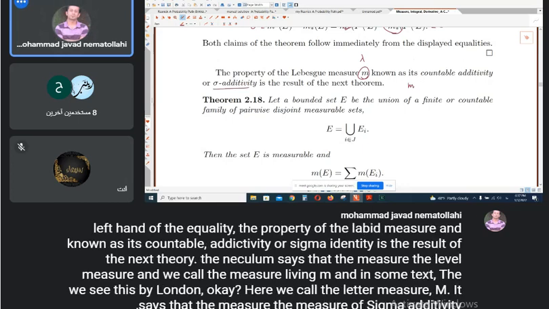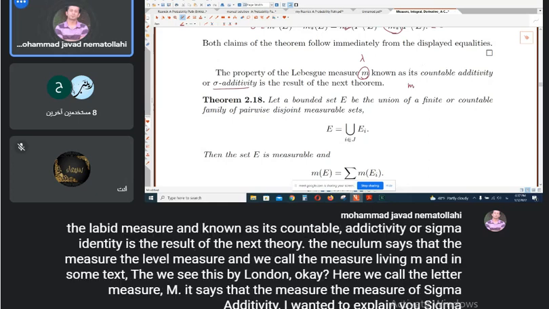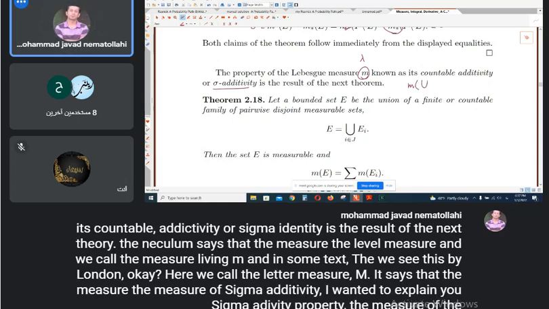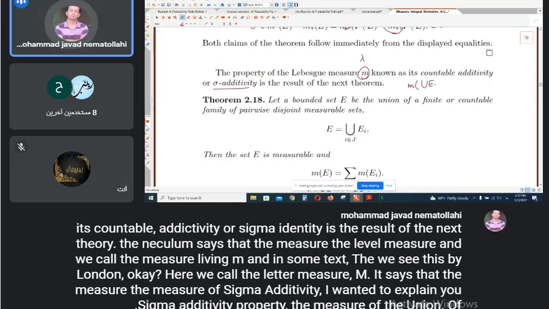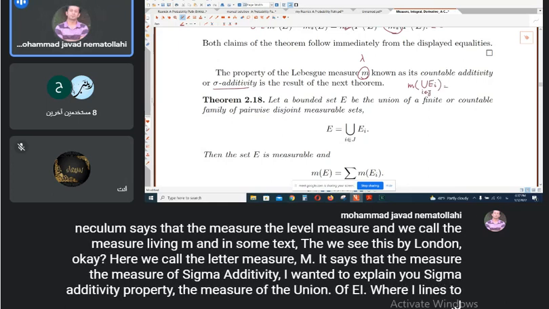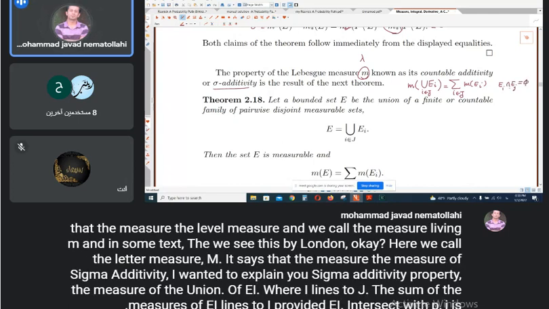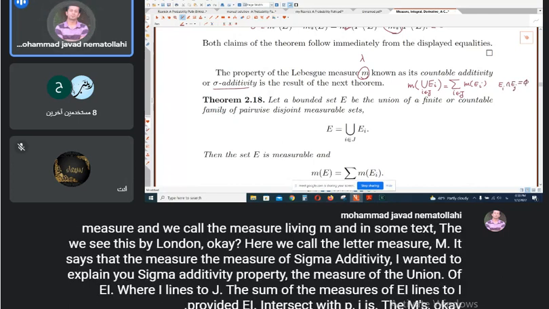I wanted to explain the sigma additivity property: the measure of the union of E_i, where i belongs to J, is the sum of the measures of E_i, provided E_i intersect E_j is empty. Okay, the sets are disjoint.